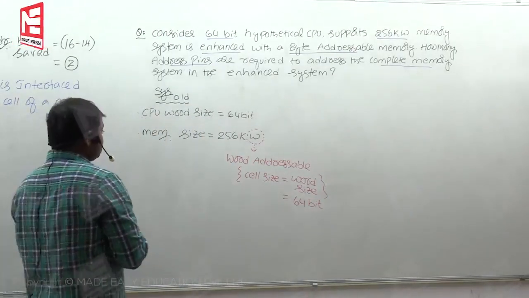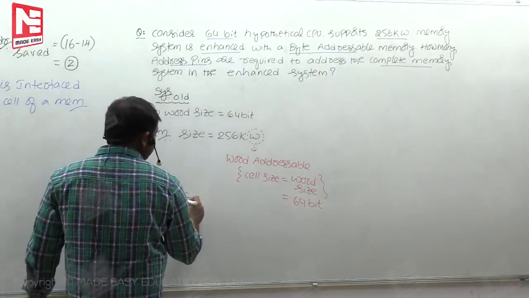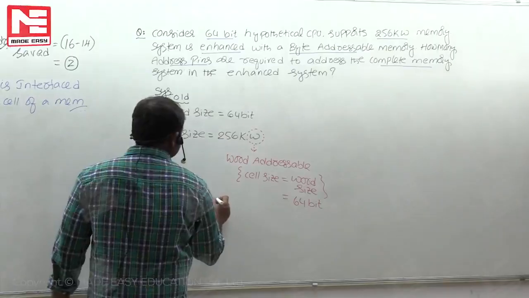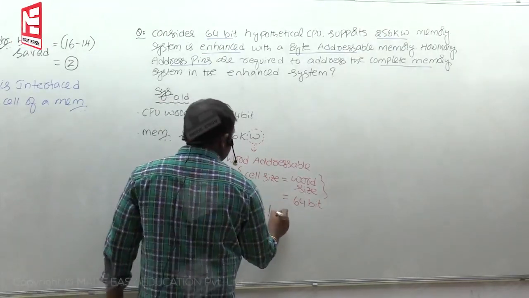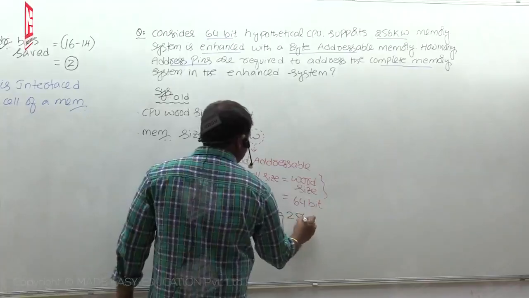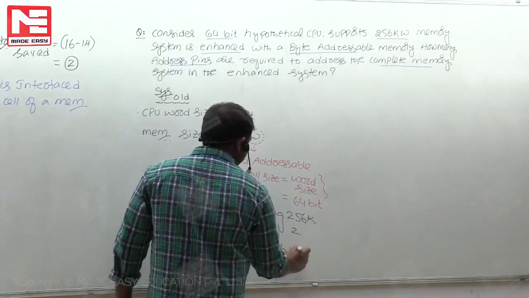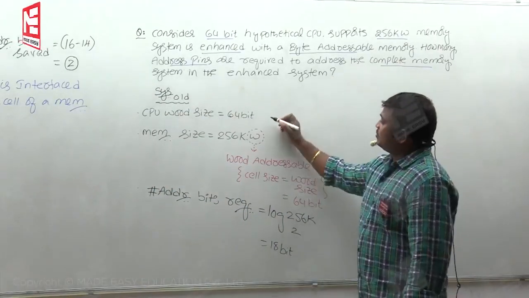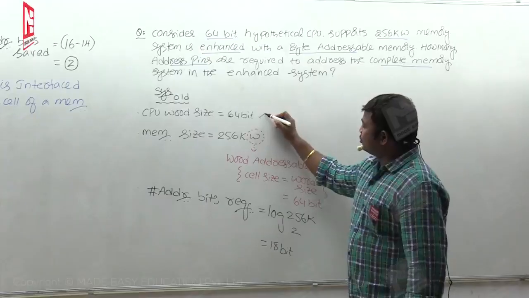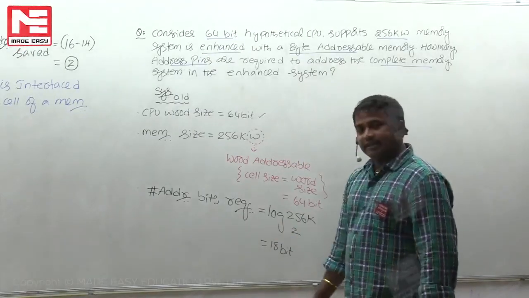Now, number of address bits required equals log 256 kilo cells base 2. That is 18-bit address. Okay. Now, system word length is 64-bit. Memory is a word addressable memory. Address size is 18-bit.